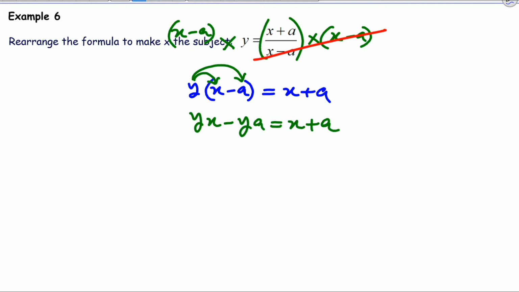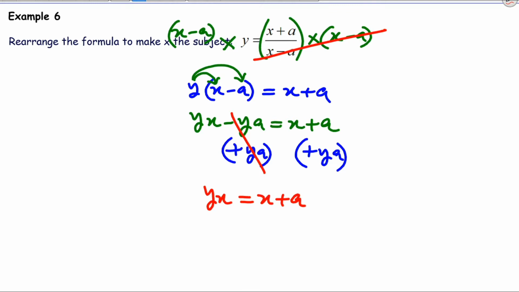So we add ya on each side. The reason is because we want to get rid of anything that's related to x on the left. So that's gone. So what we end up with is yx is equals to x plus a plus ya.